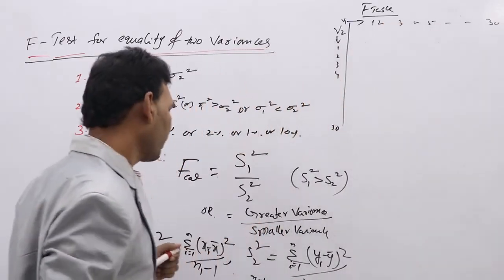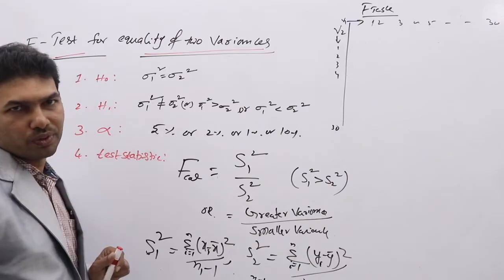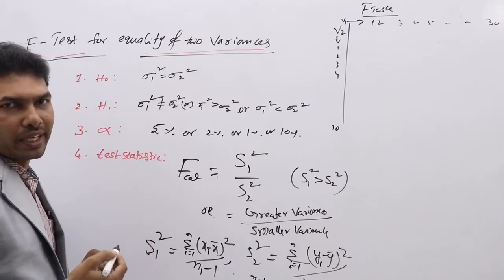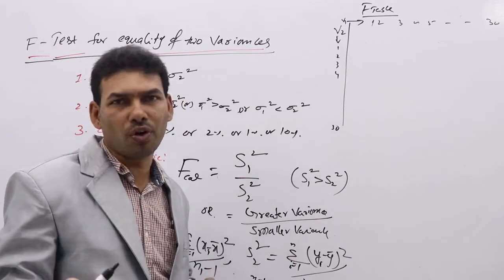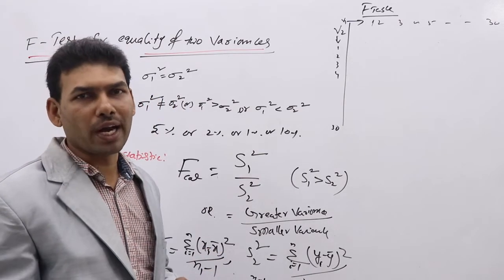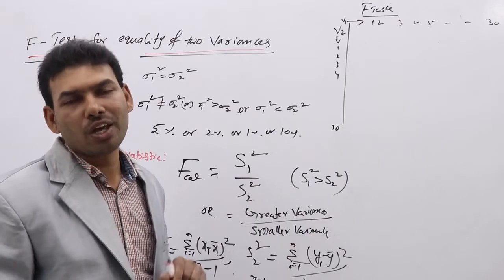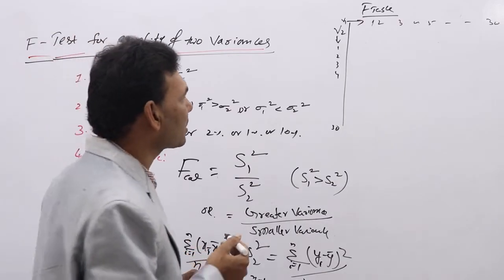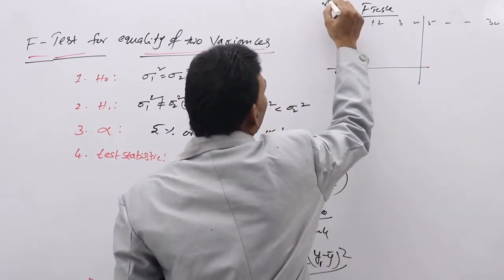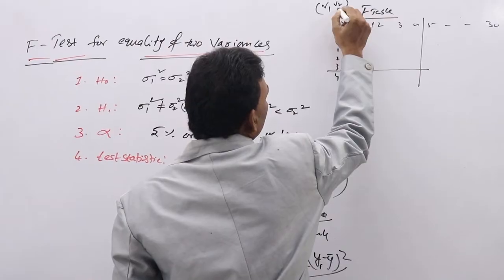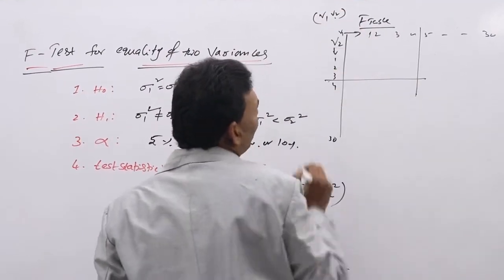What I am saying, if n1 is 5, n2 is 4, then V1 is 5 minus 1, 4, and V2 is 4 minus 1, 3. 4, 3 degrees of freedom means you need to see under 4, in row 3. We will write V1 V2, but we will see V2 under V1.